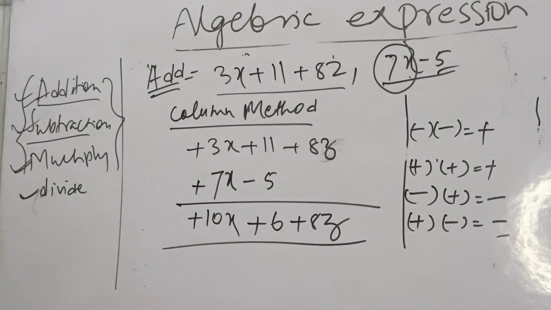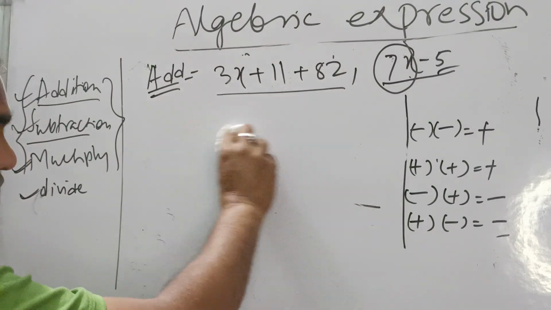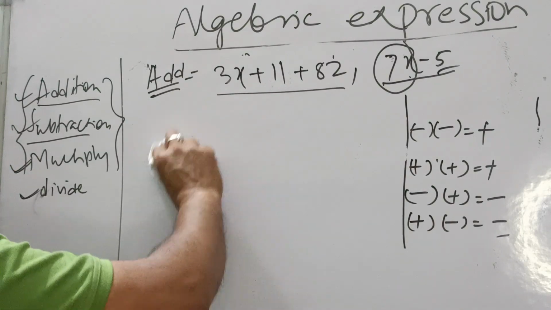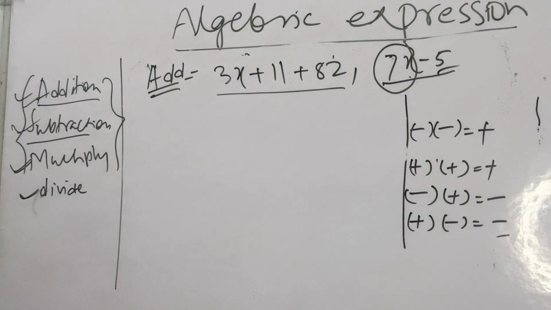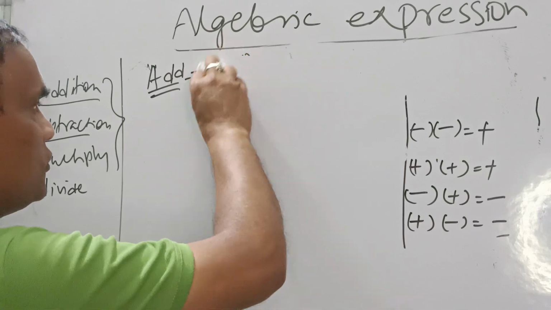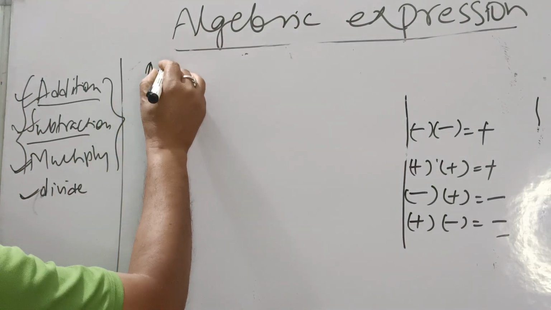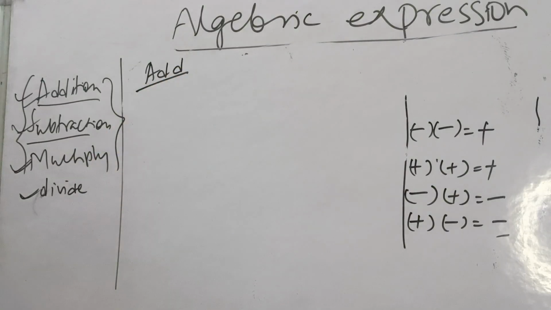And in another question you'll get more practice, and you should practice it at home. Okay, come on. Now the column method, no issue, we'll go through the column method also. You have liked it, very good. So for addition, the question is to add. What is to be added?